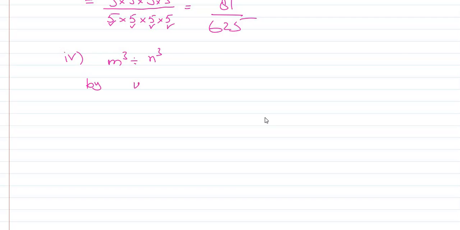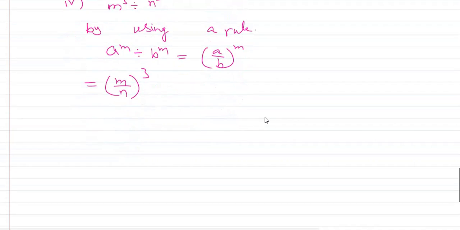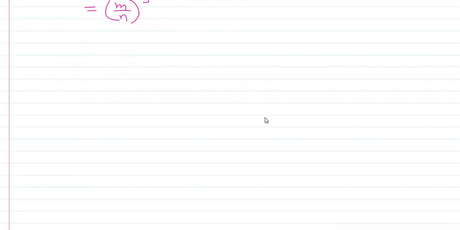By using a rule, that is a raised to power m divided by b raised to power m, you can also write n here. So a over b raised to power m. So its answer will be m over n raised to power 3. This is the answer.